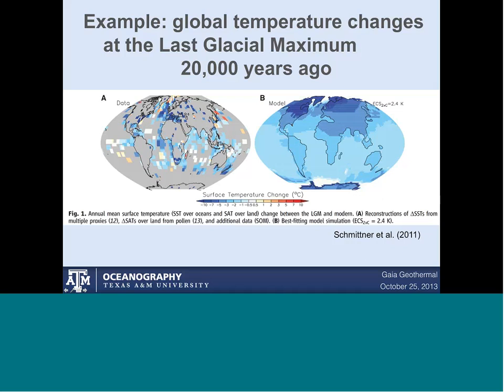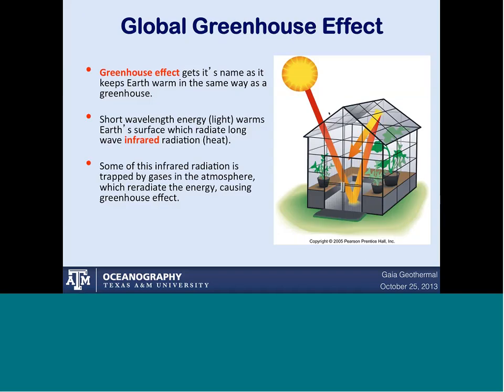You can see that the northern hemisphere cooled much, much more, on the order of 7 to 10 degrees Celsius relative to modern, relative to the tropics, which didn't cool very much, and relative to the southern hemisphere, which cooled even less for the most part. So you can see it's not an even amount of cooling. You can get a global distribution of what the surface temperature gradients look like in different parts of our planet. So anyway, that's just a background of what I do.